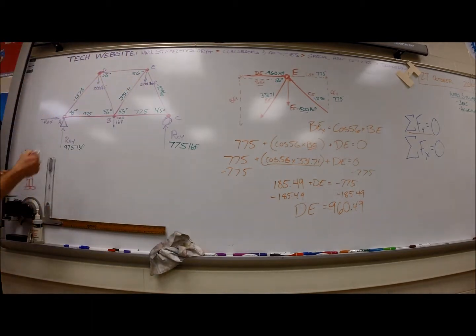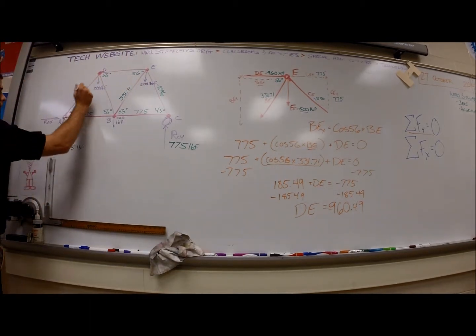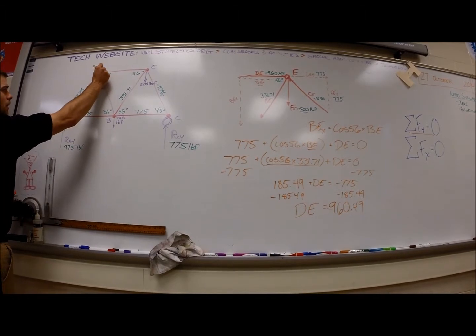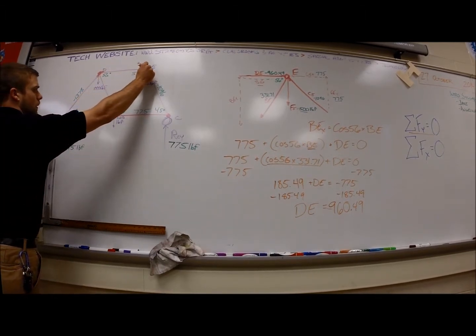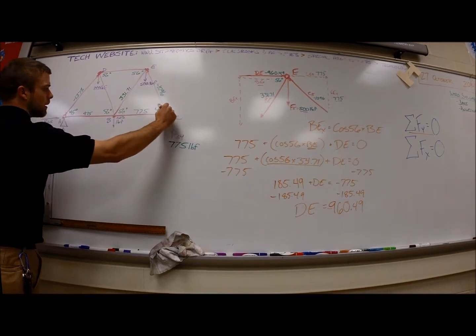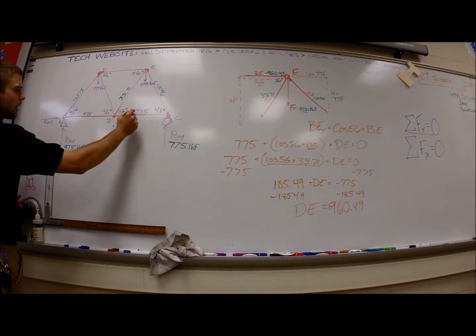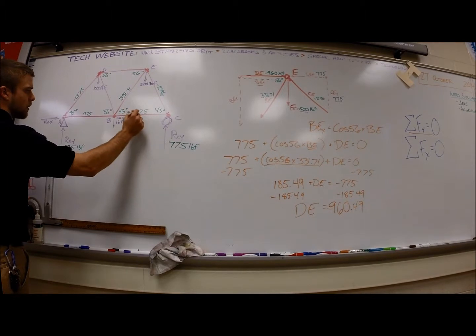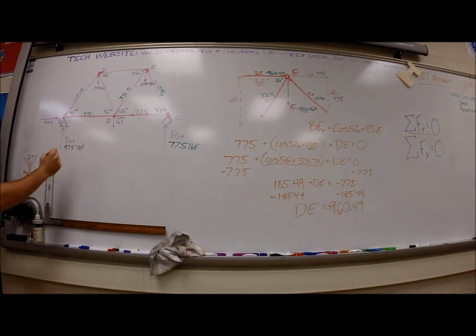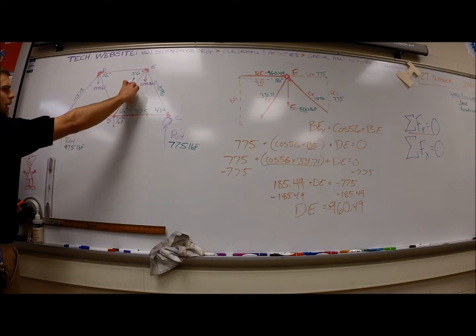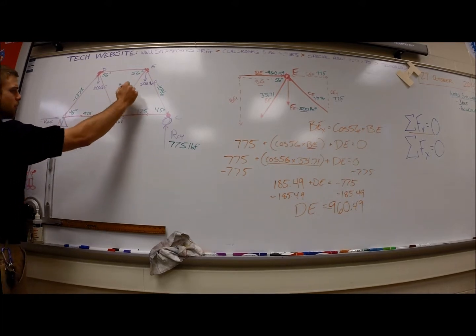So far we have compression members all the way around this upper part, and these main supports on the side. We have tension members down here at the bottom. We have a tension member here.